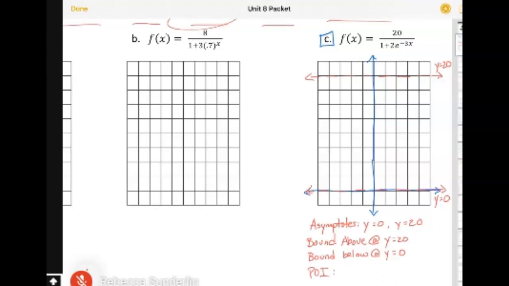Now, what does that 10 tell us? Ten is the Y value of the turning point. What do you think we're going to have to find? We're going to have to find the X value.